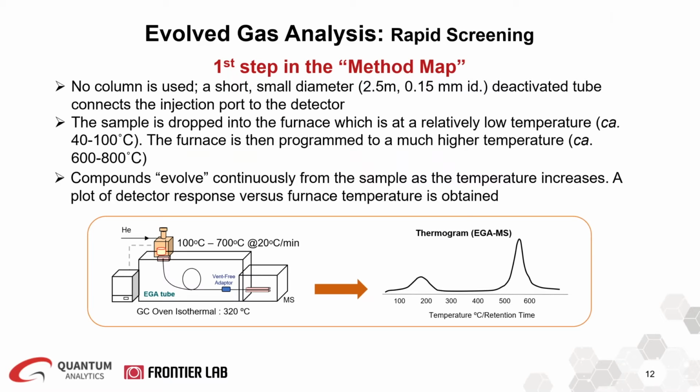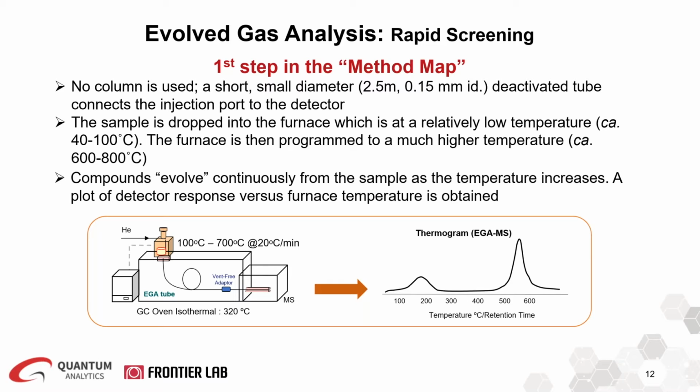To perform EGA, a short, deactivated tube is used to connect the GC injection port to the MS. The sample is dropped into the multi-mode pyrolyzer furnace, which is at a relatively low temperature. The furnace is then programmed to a much higher temperature. In this example, we programmed the furnace from 100 to 700 C, at 20 degrees per minute.